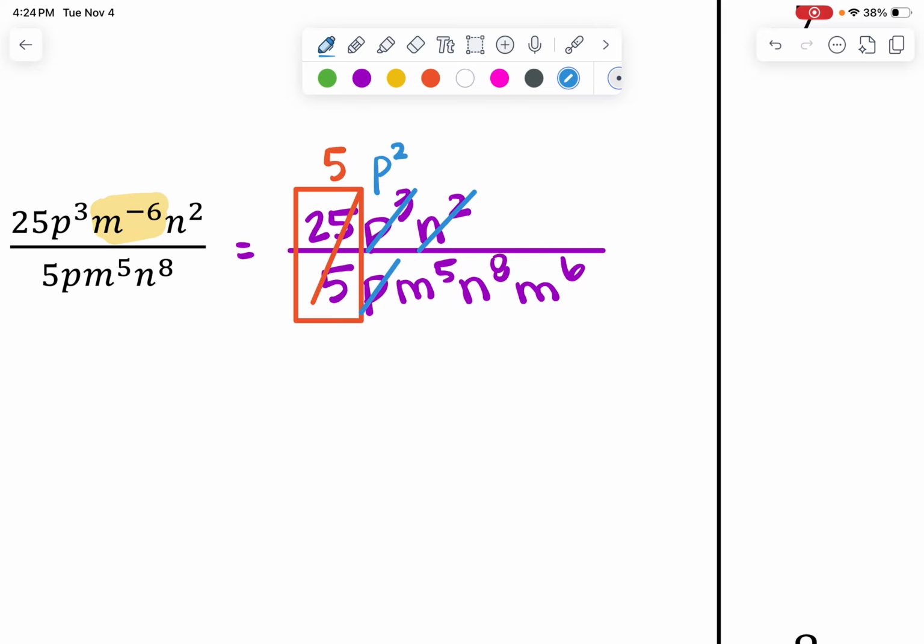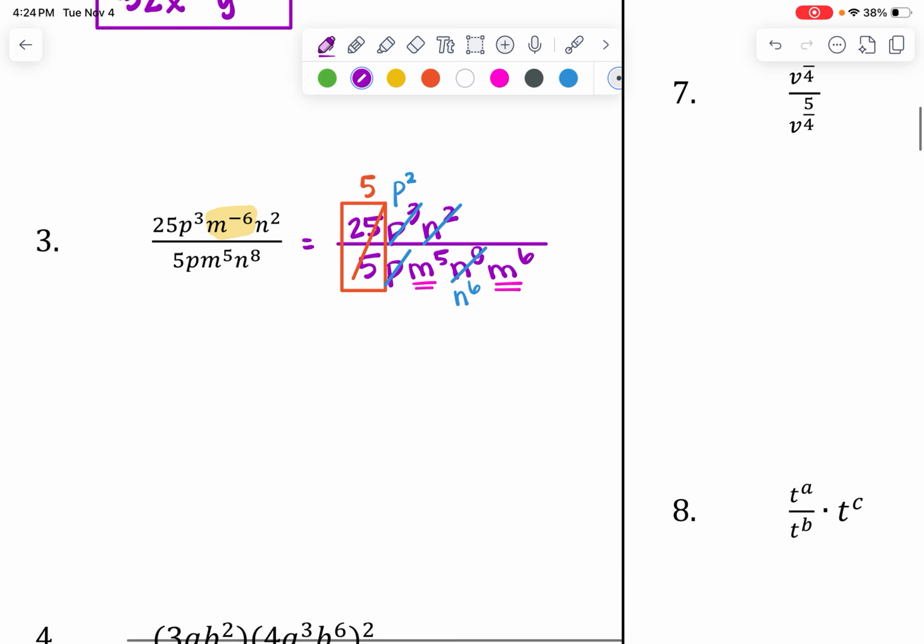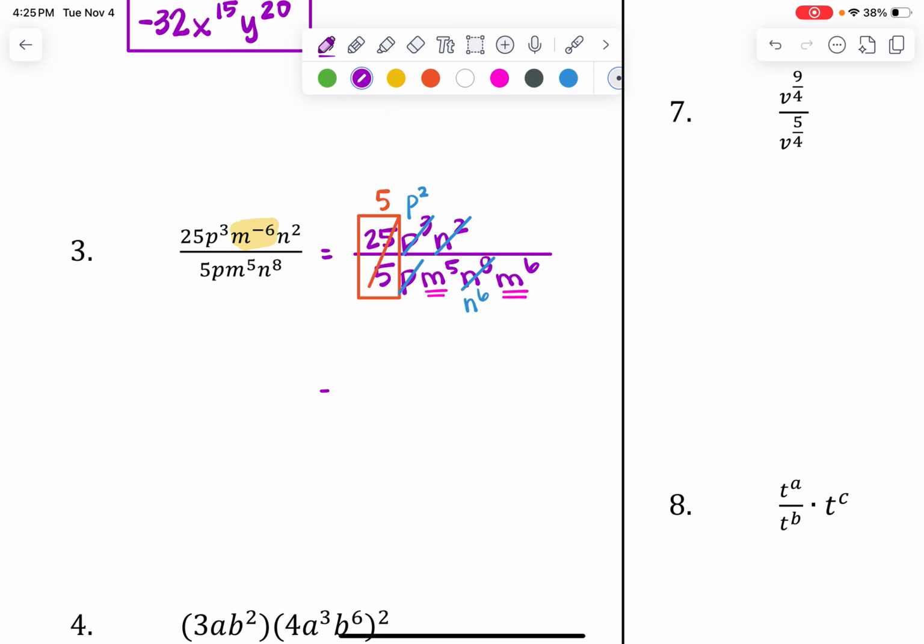So I can reduce 2 n's, which leaves us with 6 n's on the bottom. The other thing I notice is in my denominator, I have 5 m's, and then I moved those 6 m's down below. So I'm going to be able to merge all those m's together.